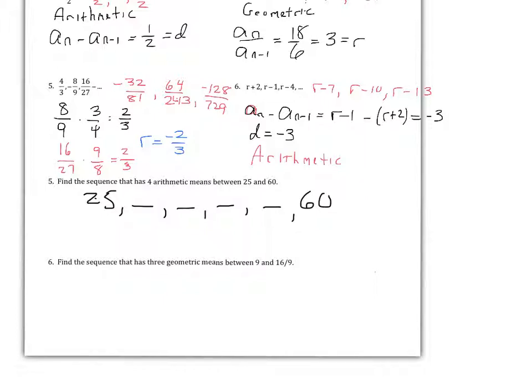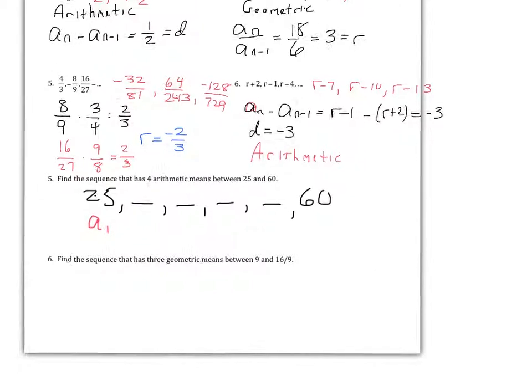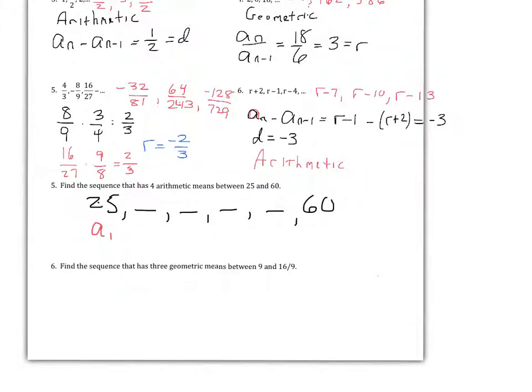So what I have to do is figure out what the common difference is going to be. That common difference we could figure out by just doing the formula that we already did with those jumps. So this 25, that's our a sub 1, and the 60 is our a sub 6. 60 is the 6th term if there's 4 arithmetic means between 2 numbers.